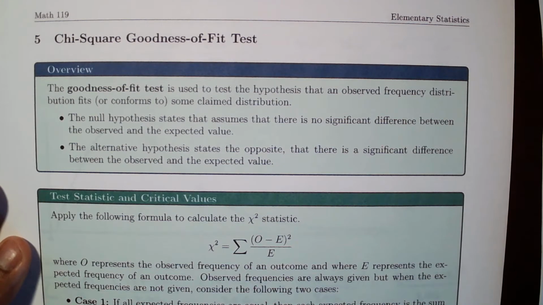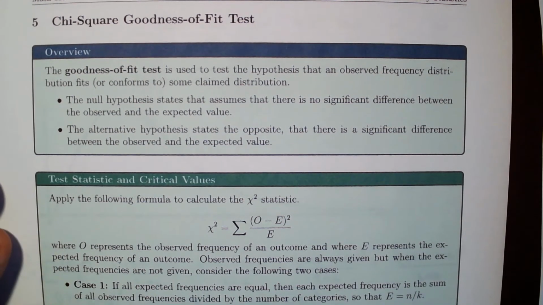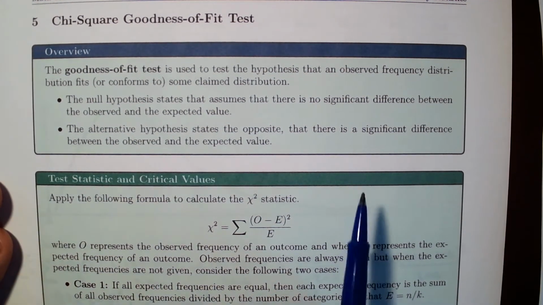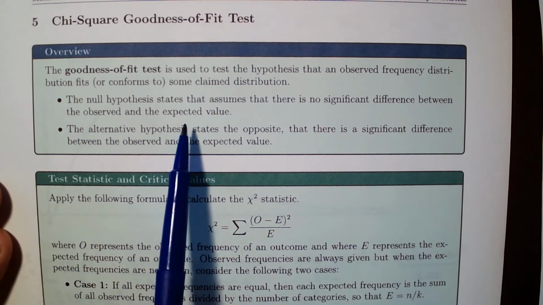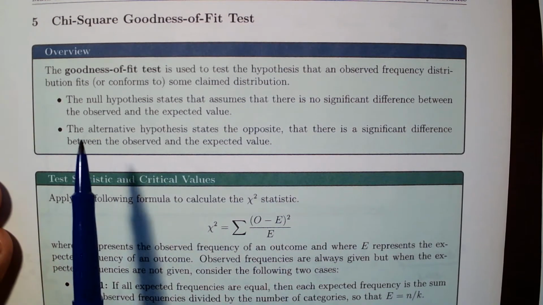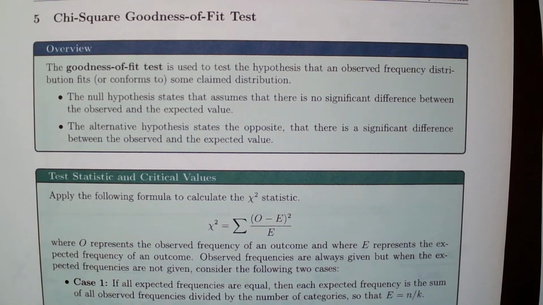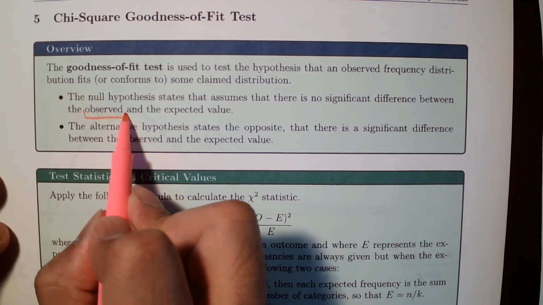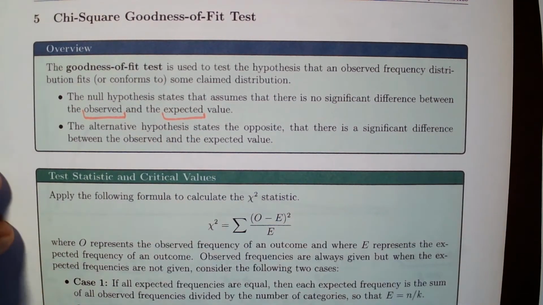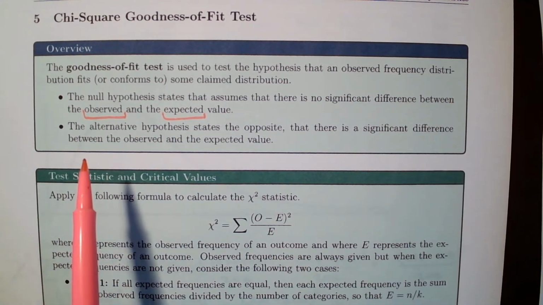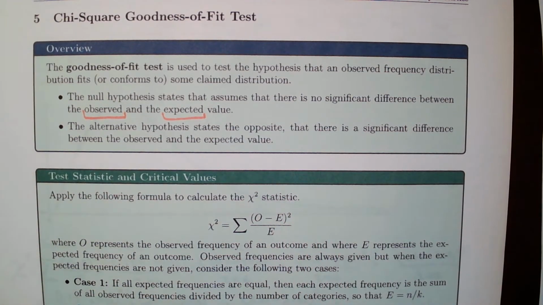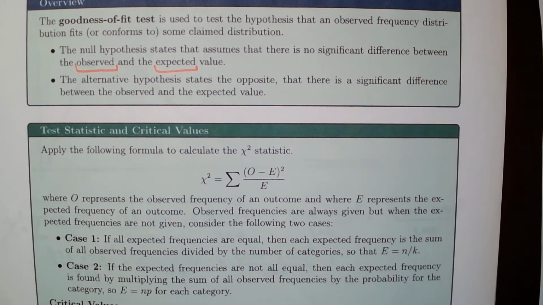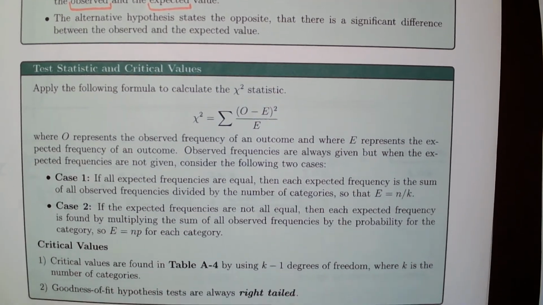In this case, the null hypothesis assumes that there is no significant difference between the observed and the expected value. So ultimately what we do is compare observed values and expected values. And then the alternative hypothesis states otherwise, that there is a significant difference between the observed and the expected value.